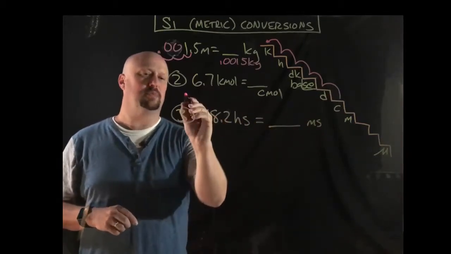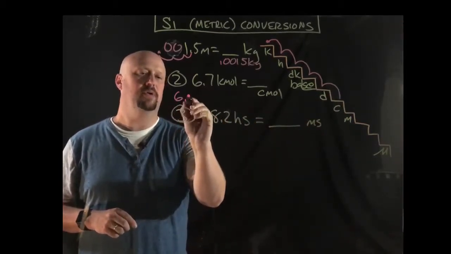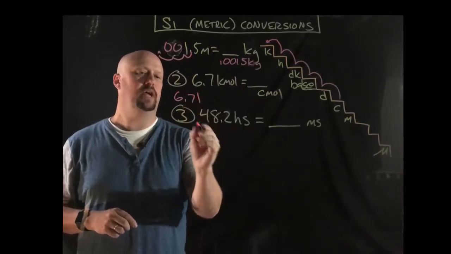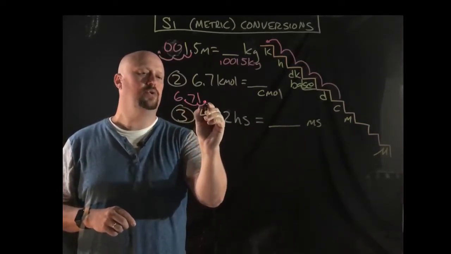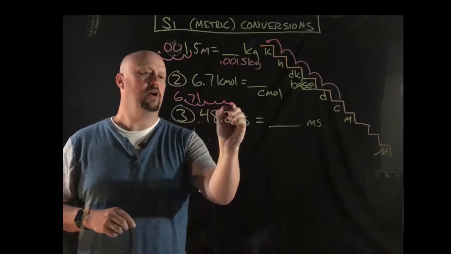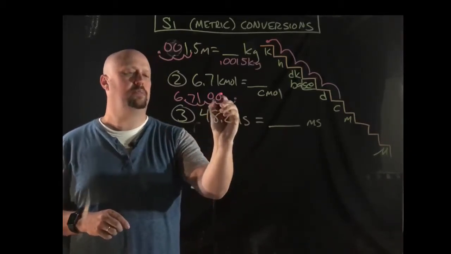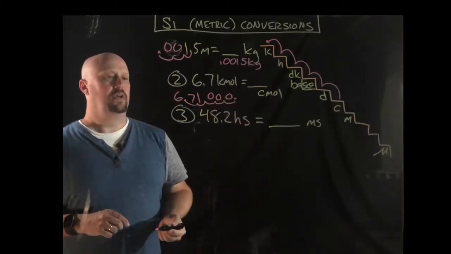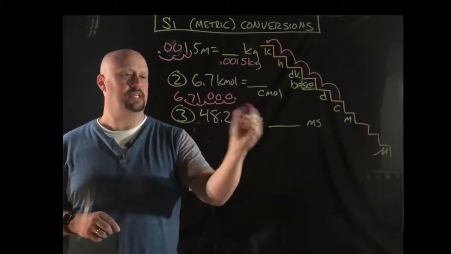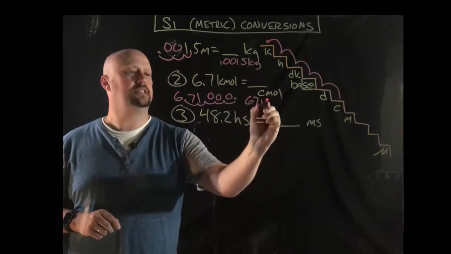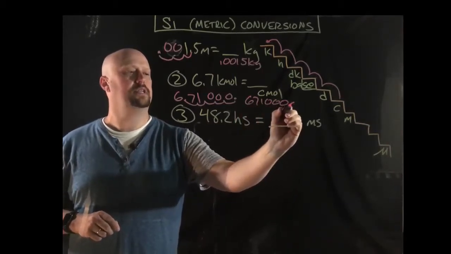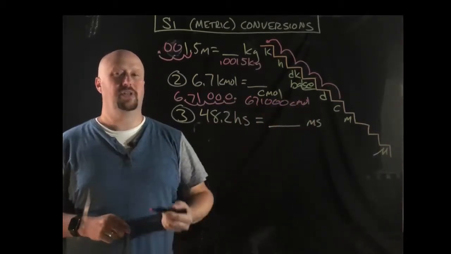I'm going to give myself some room here and rewrite my 6.71. 1, 2, 3, 4, 5 places, put my decimal point, fill in the blanks with zeros, and so my answer becomes 671,000 centimoles.